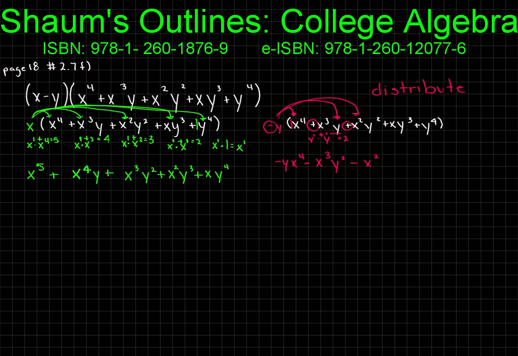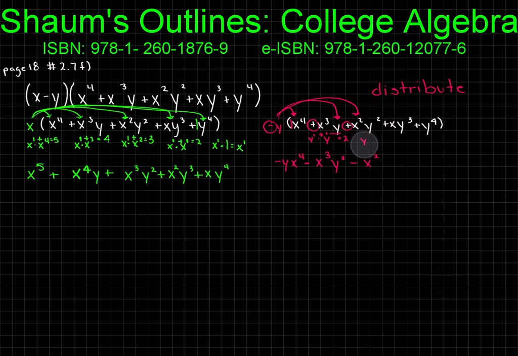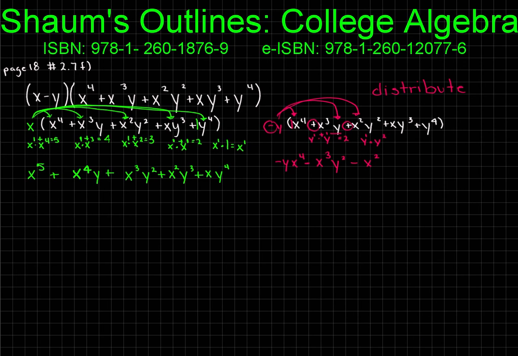And then I do y times y squared, add my imaginary 1. And 1 plus 2 equals 3. So I get y to the third.